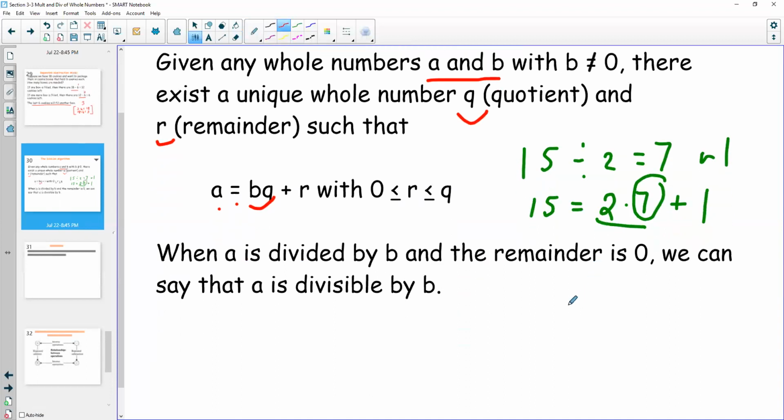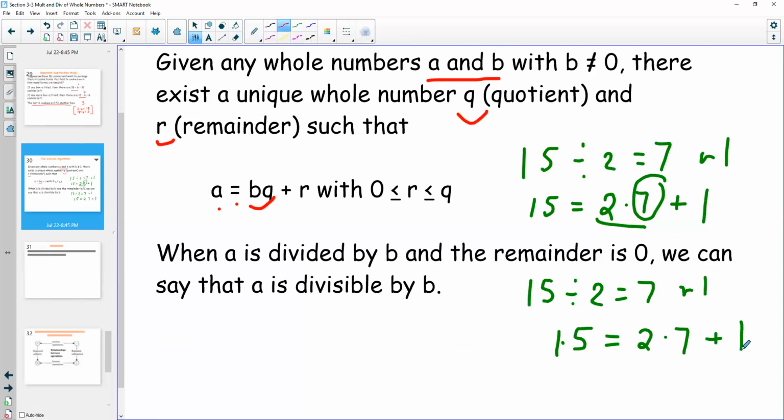Let's do it again real quick. So I had 15 divided by 2, and that got me 7. Remember that in division, the number that you result in is called your quotient, remainder 1. What that means is the definition of this division is that 15 is equal to 2, which is my divisor, times the quotient, plus the remainder.